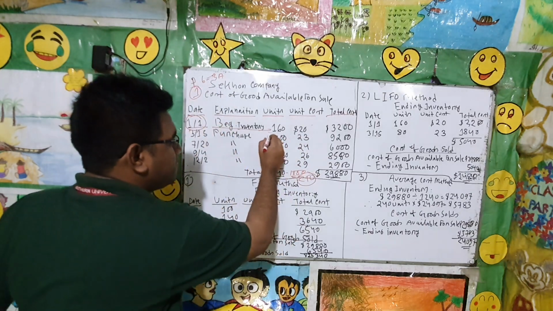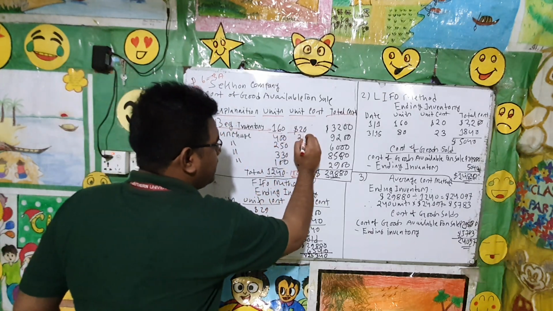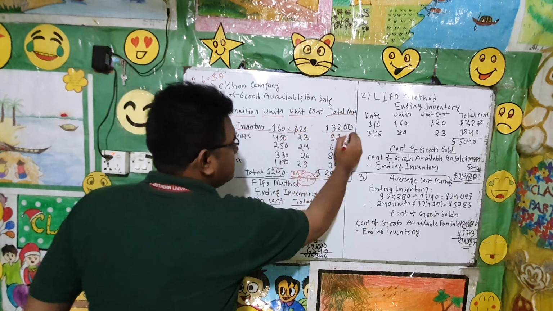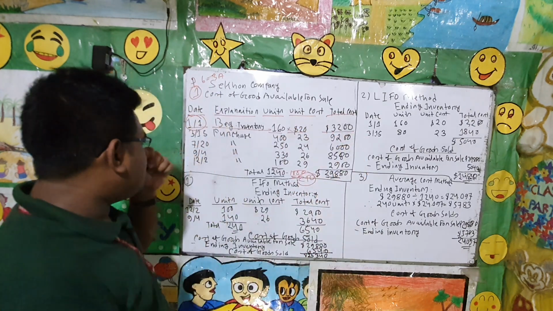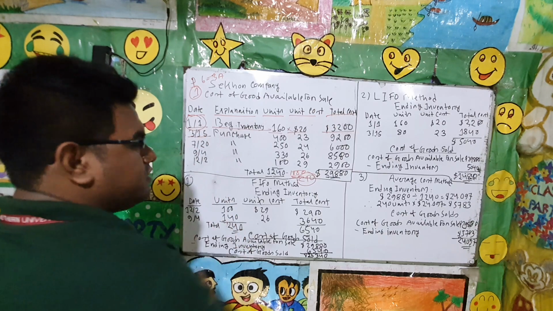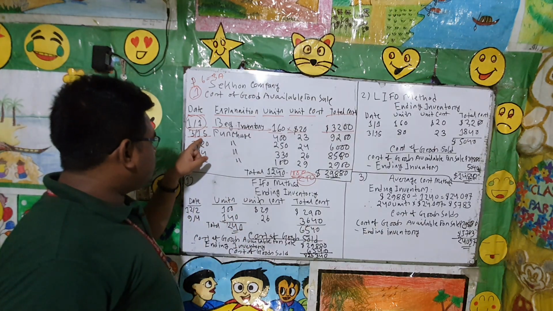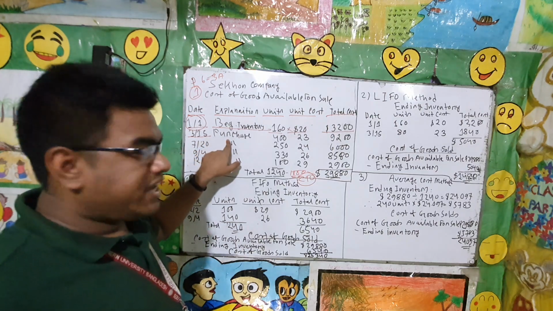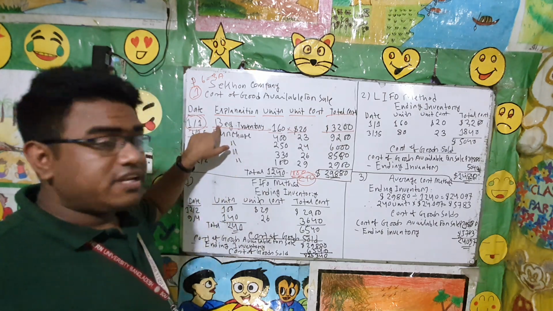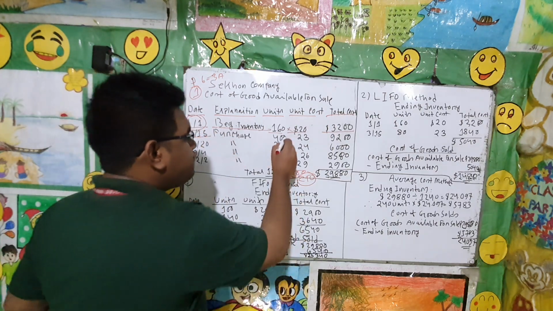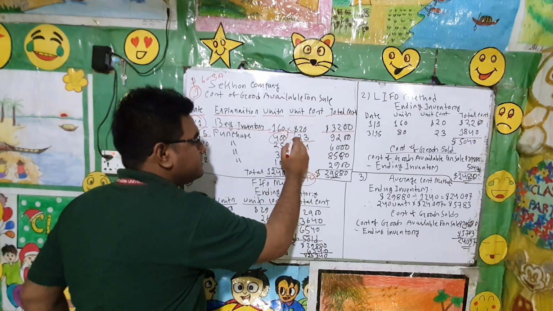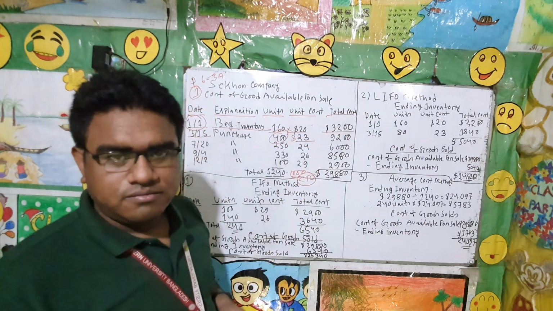So it was given 160 at unit cost 20, so multiplied we get 3200. Second one, March 15, which is a purchase. First one is beginning inventory, then the purchase: 400 units at $23.